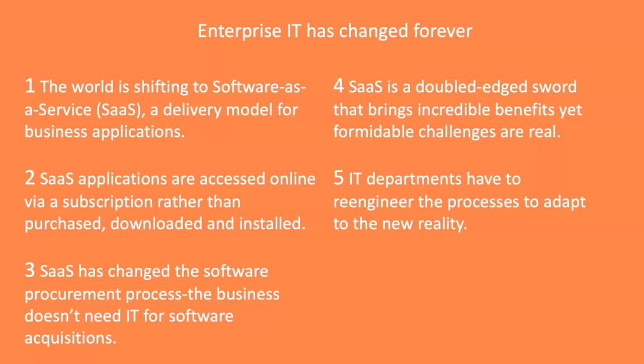Due to this nature, the software procurement process has significantly changed. Businesses no longer need to go through IT to procure a solution, although it is not the recommended practice. It is becoming common. For example, a sales and marketing department can procure a CRM and marketing automation platform with very limited IT involvement. So for SaaS, the benefits definitely are incredible, but the challenges are real too.